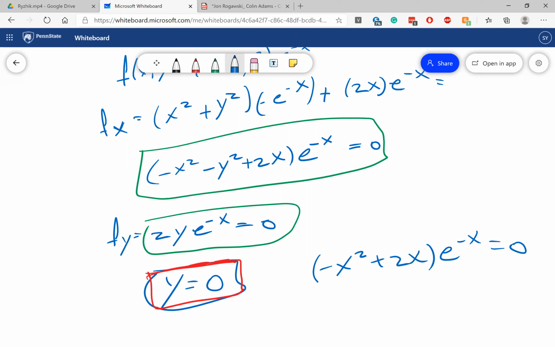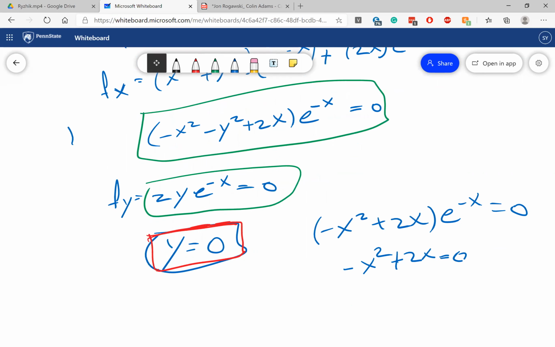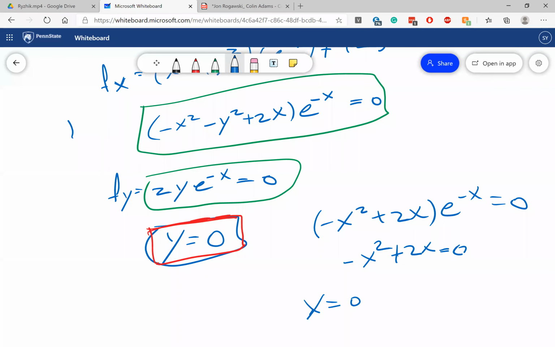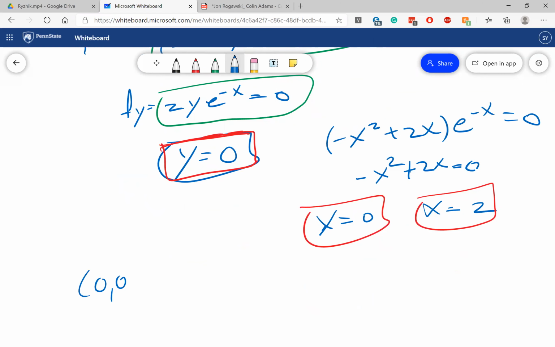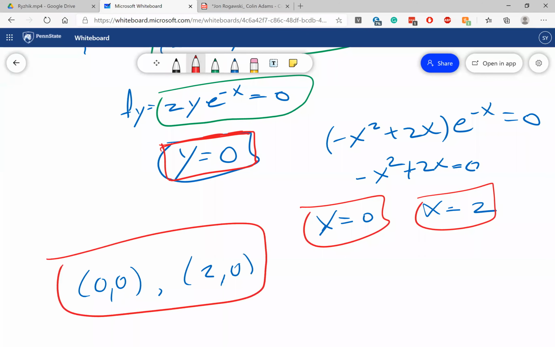So the e to the negative x doesn't matter. We get negative x squared plus 2x is equal to 0. So we have two options: either x is equal to 0, or x is equal to 2. So our critical points are going to be (0, 0) and (2, 0). Any questions about this?